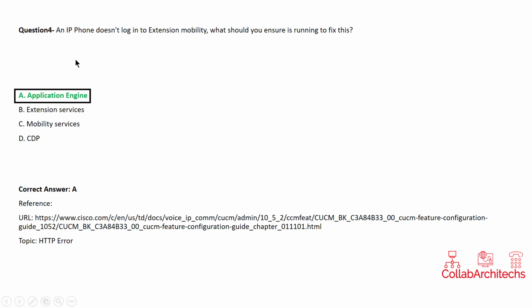So the correct answer should be the application engine, which is the extension mobility application engine. Okay, I have mentioned the URL in my channel. You can explore more about this, and you need to go to the HTTP error to find its option. Thank you.